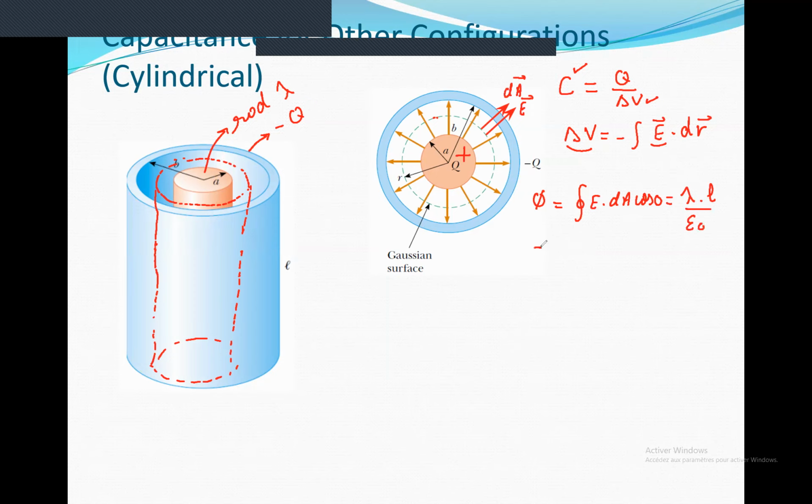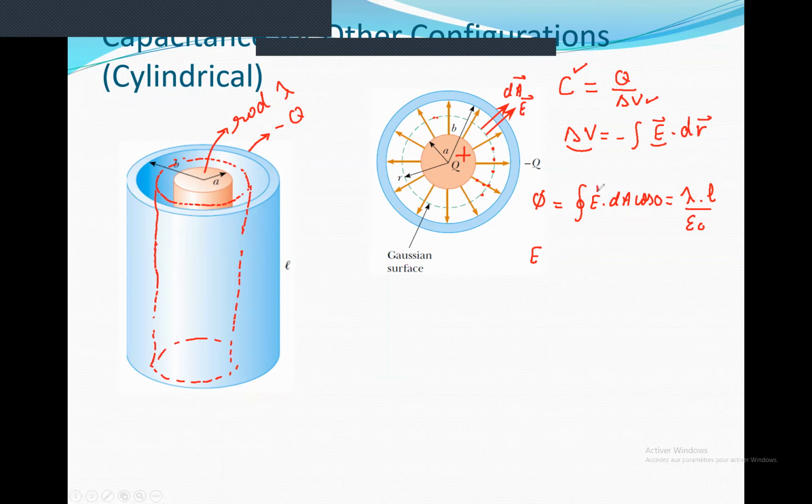Okay, so E is constant at any point on the Gaussian surface. Be careful, I'm talking about any point here. E is constant, but E is not constant between the two plates. E here is not equal to E here. But on the pointed line, E is constant.